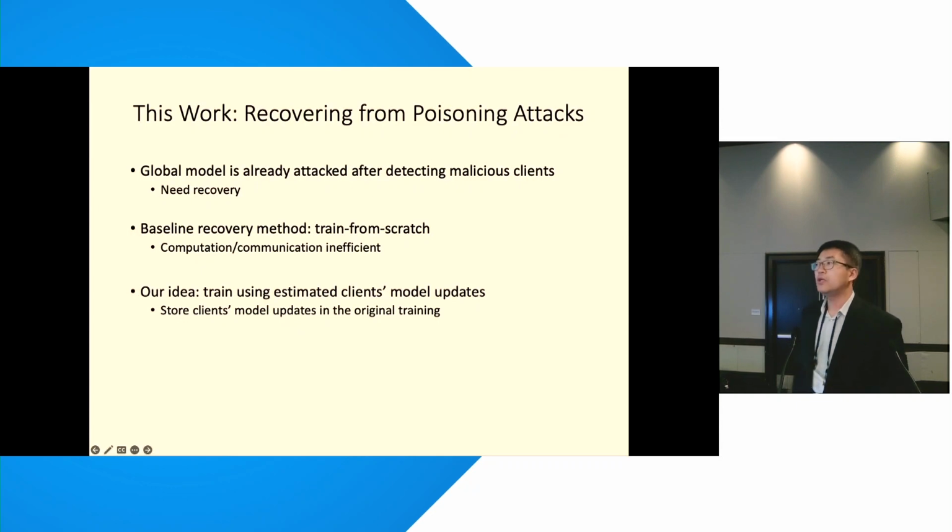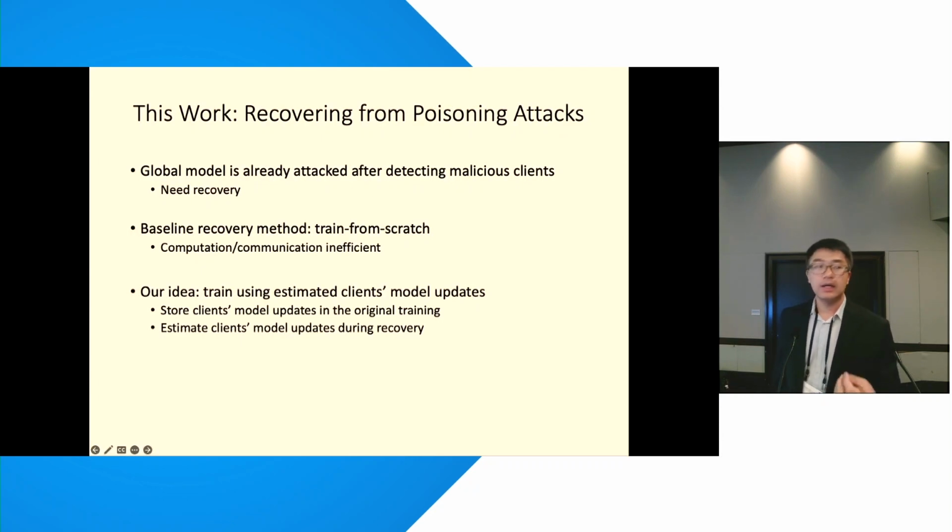More specifically, during the original training process, the server stores the client's model updates and the global models. Then during recovery, the server uses the stored client model updates and global models to estimate client model updates, instead of asking them to calculate them again.